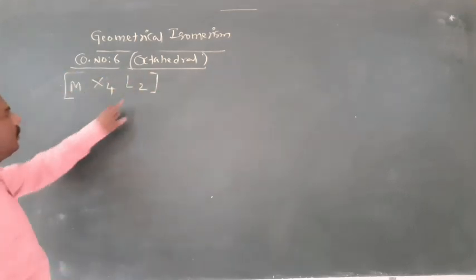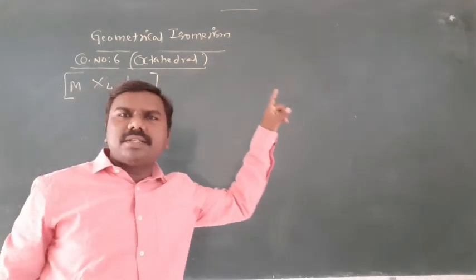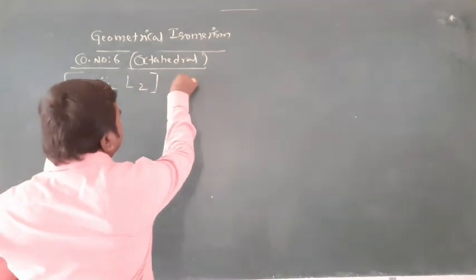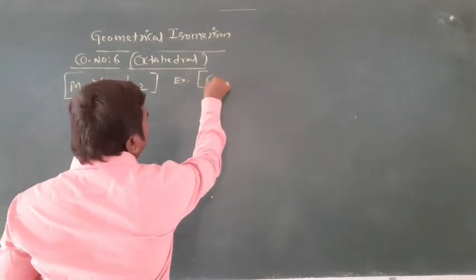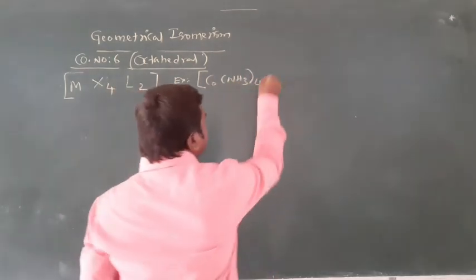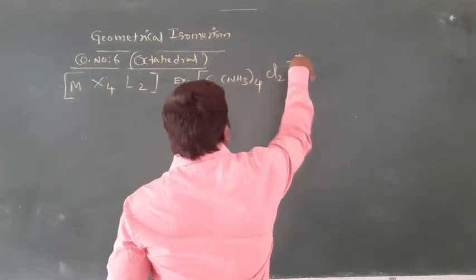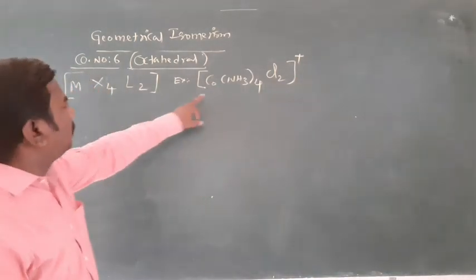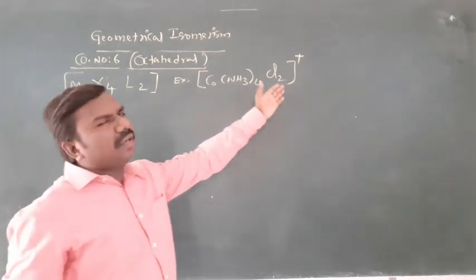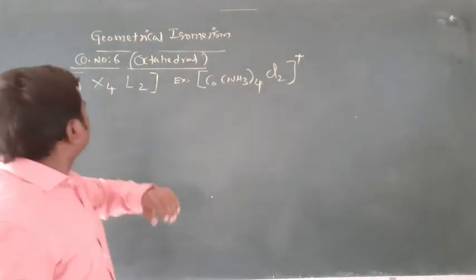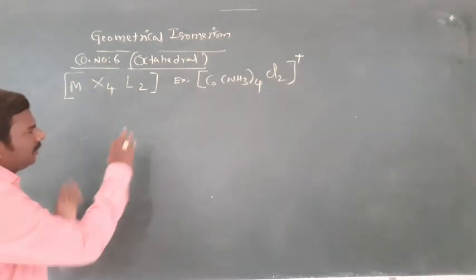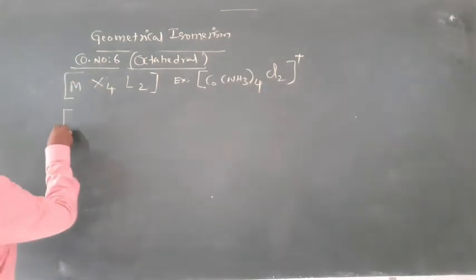It means these two identical ligands on the same side are cis, opposite side trans, discussed already. Example is Co NH3 4 times Cl2 plus 1 here. M X4 L2, otherwise you can take M L4 X2. Both are same.